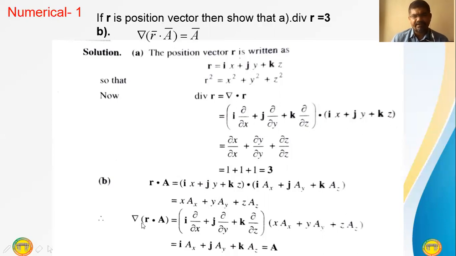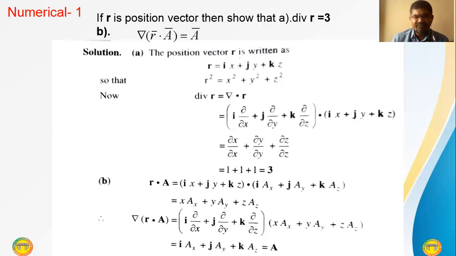Now I am operating the del operator on this dot product, del of r bar dot a bar. Here r bar dot a bar is a scalar because it is a dot product. I am operating the del operator on a scalar. What do we get? We get a vector quantity. Therefore, this is nothing but the gradient of a scalar field.